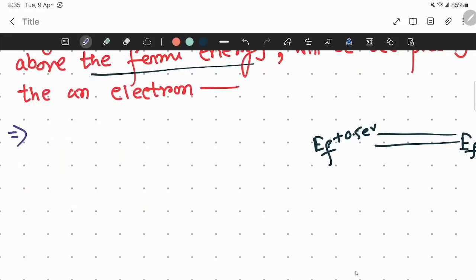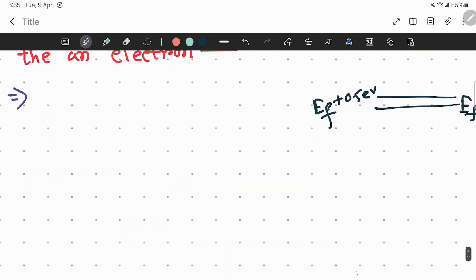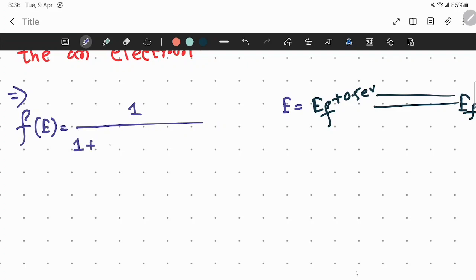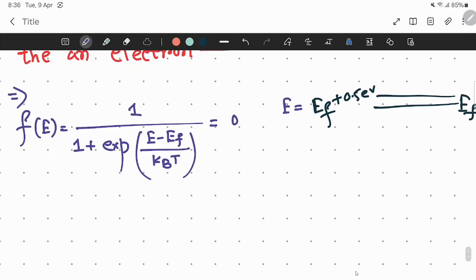Okay, so now let's say this energy is E. So F(E) now is 1 by 1 plus exponential of (E minus EF) divided by kBT. This is 1%. 1% means 1 by 100. So 0.01.